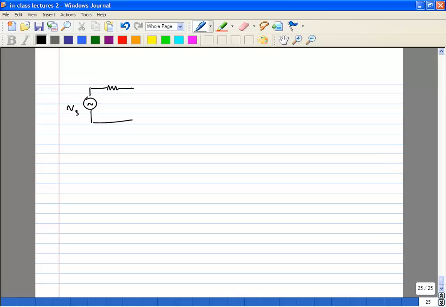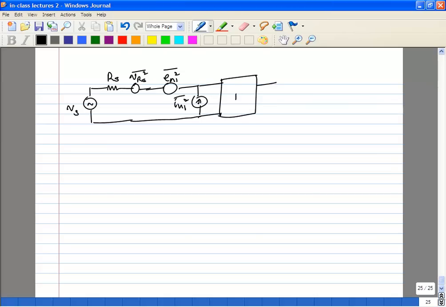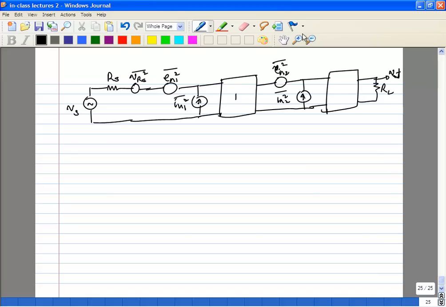So this is Vs, Rs, and first let's put in VRs squared, Vn2 squared, and P out.